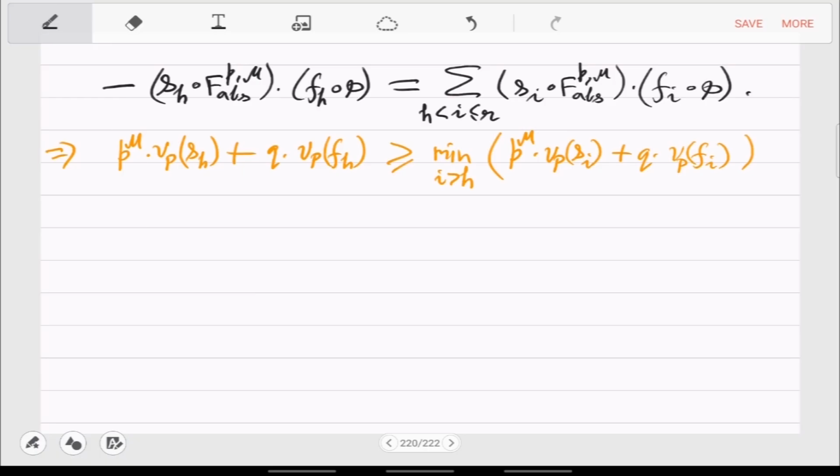This will suffice actually. So now this is greater than or equal. So the min of this is at least min of VPSI, it's all coming from LB.